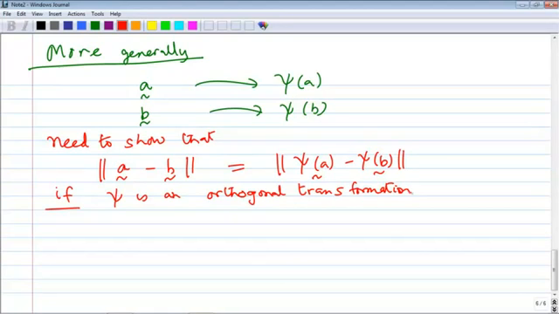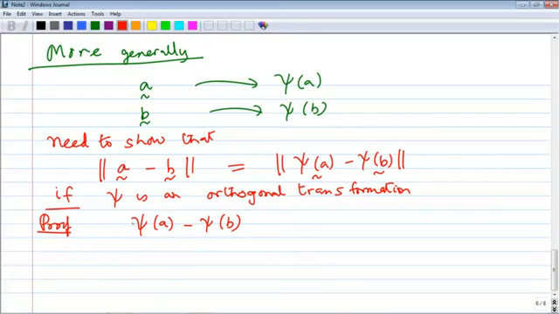So how do we prove this? Let's do the following. Let's consider the length of psi A minus psi B. And what is that going to be?